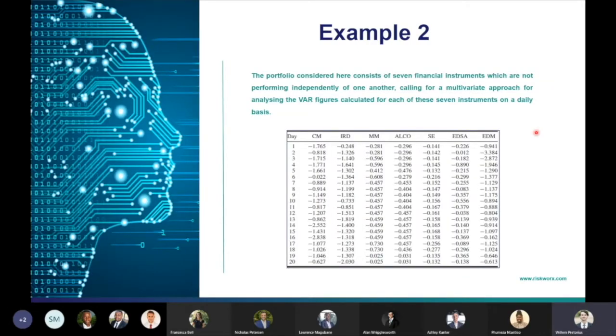In the next example, we consider VaR data for 20 days. Plotting an instrument's VaR over time assists management in identifying trends. The portfolio considered here consists of 7 financial instruments which are not performing independently of one another, calling for a multivariate approach to analyzing the VaR figures calculated for each of these 7 instruments on a daily basis.